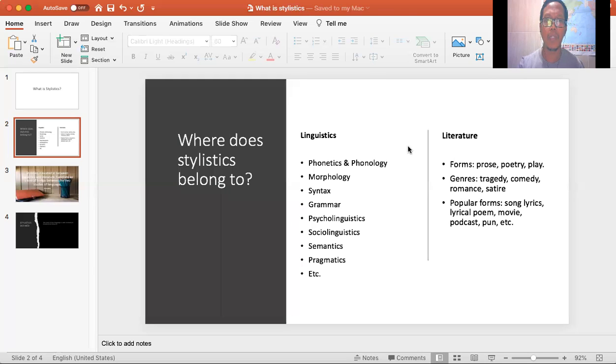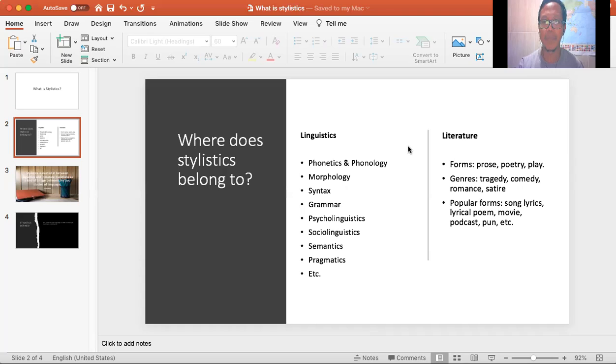When we study linguistics, we know that it has many branches, and those branches study one or some aspects of the language. I will bet that you have learned some of those linguistic aspects in university or maybe before then.